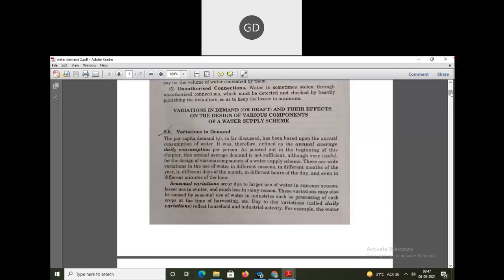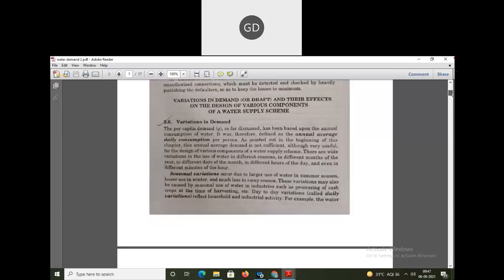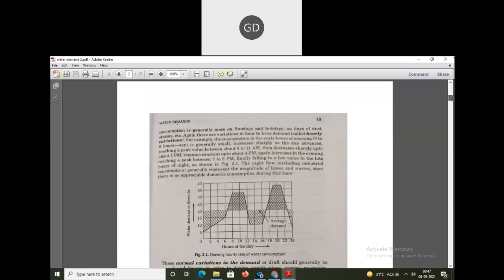Again, when it is a daily variation, suppose it is a Sunday or a holiday, people are staying in their homes, so more water is being used.